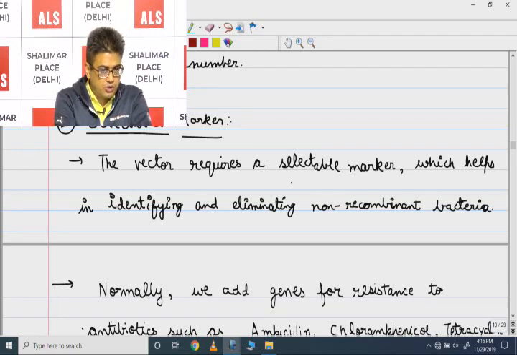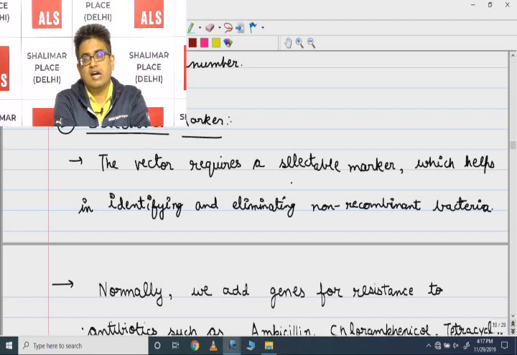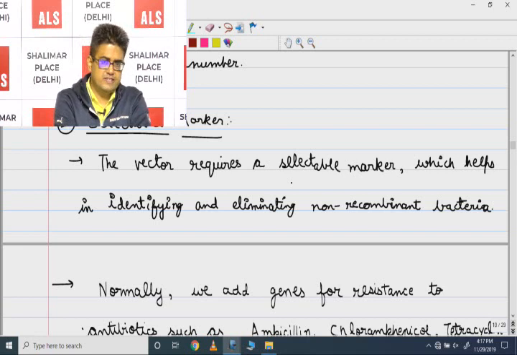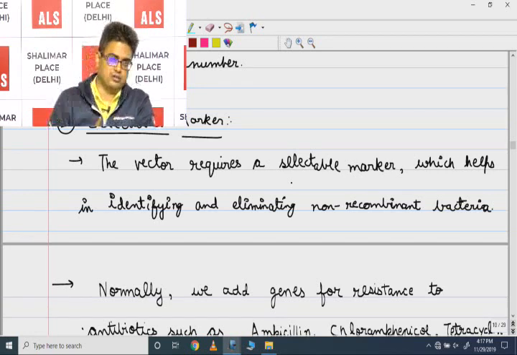I do not want the bacteria which are non-transformed, not having the foreign DNA, not having the gene of interest. There is no use in growing such bacteria. It will be a wastage of resources. So for choosing, I require a marker.